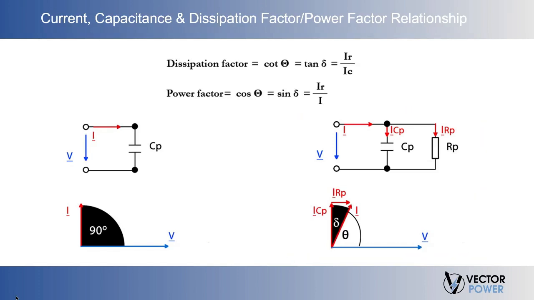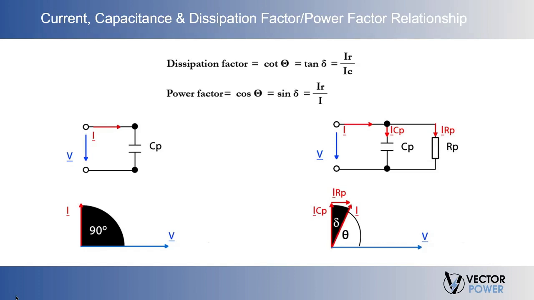In practice, no insulation is perfect, but has a certain amount of loss, and the total current, I, leads the voltage by a phase angle, theta. Theta would be less than 90 degrees. Now, it is more convenient to use the dielectric loss angle delta, where delta equals 90 degrees minus theta.